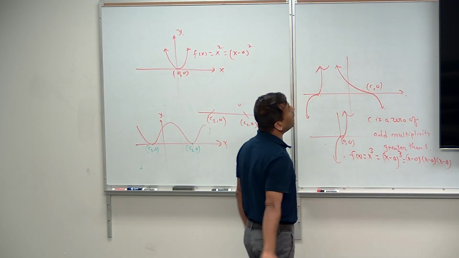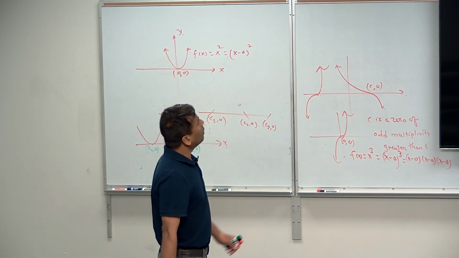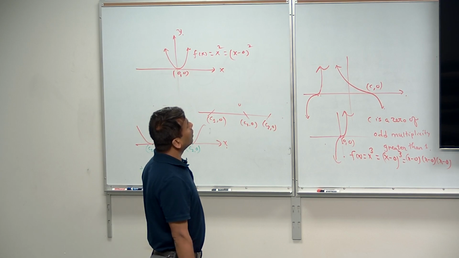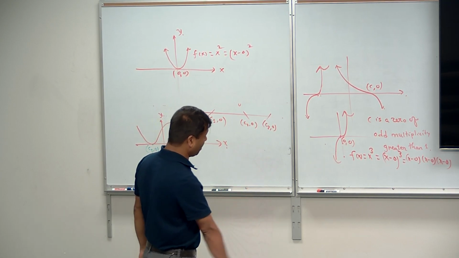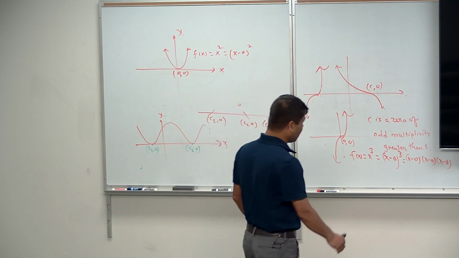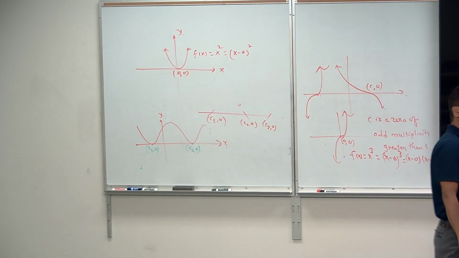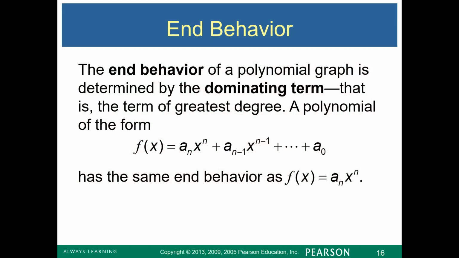Now if you know this, hey, we can do this one. Now the end behavior of the polynomial graph is determined by the dominating term. So if you look at the slides, the end behavior of a polynomial graph is determined by the dominating term, that is the term of the greatest degree.